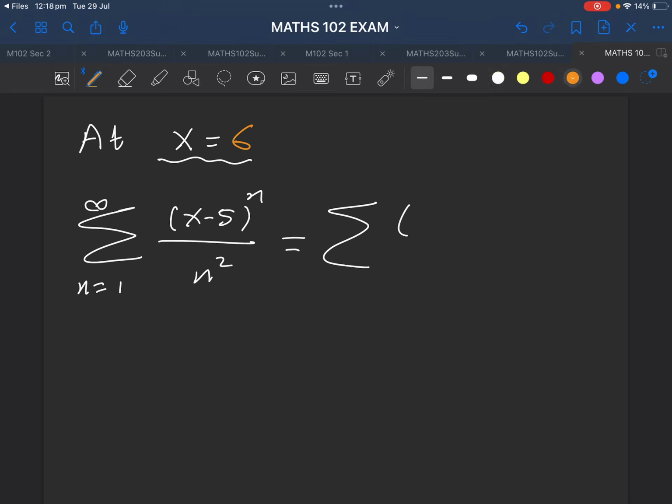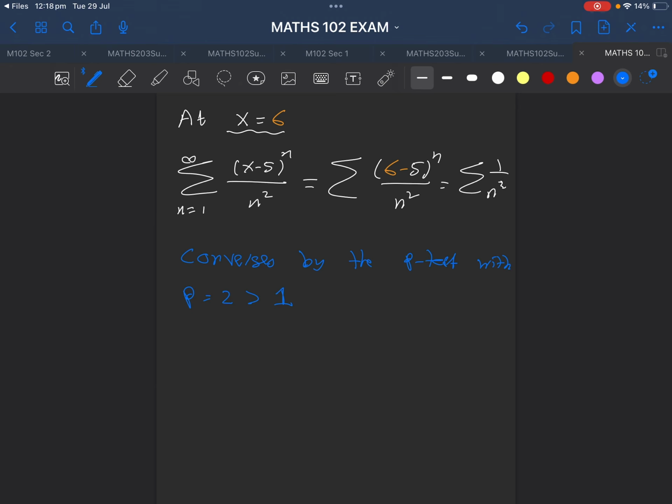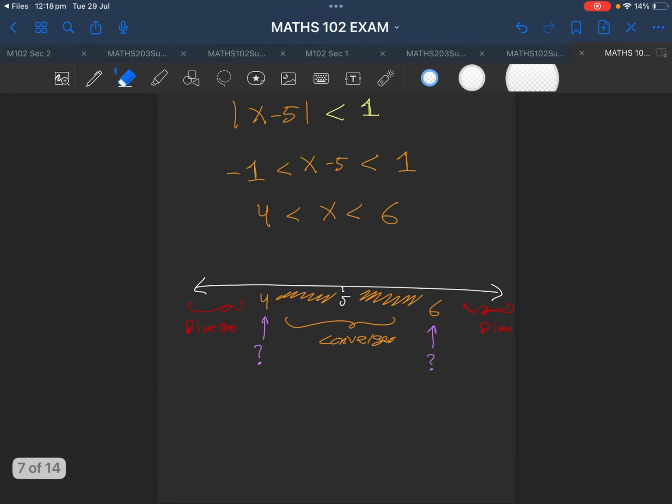Now, if you substitute 6, it will be the summation of 1 over n squared, and this converges by the p-test with p equal to 2, which is greater than 1. So at one endpoint, it converges. Let me go back and write the answer here, that this converges.